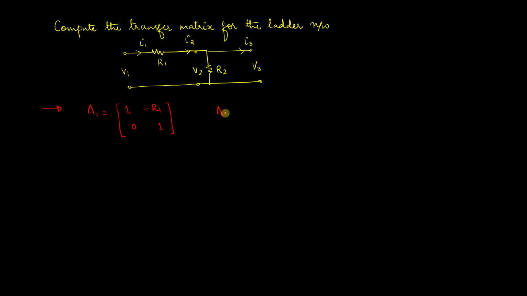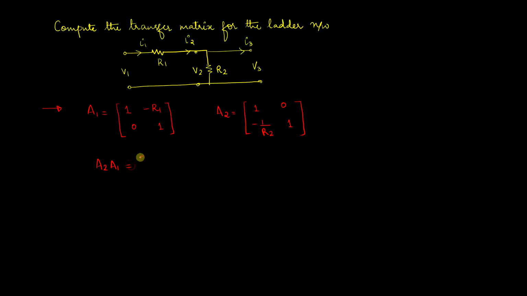And the matrix corresponding to the shunt circuit is [1, 0; minus 1 by R2, 1]. Now if you want to find the transfer matrix for the ladder network, you will start from the output side. So this would be A2 and then A1.